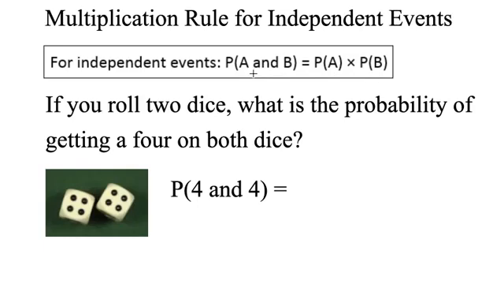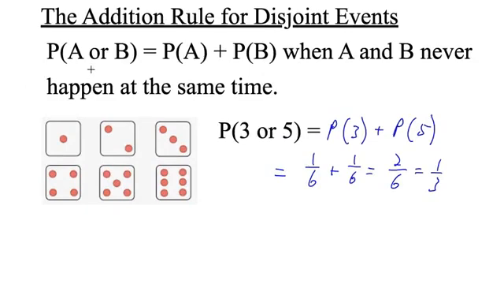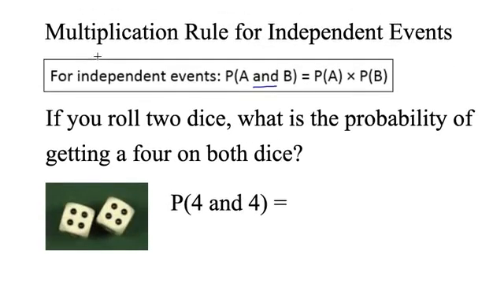So notice the difference here. In this multiplication rule, it's an AND probability. And in the addition rule, it was an OR probability. So in general, when we're finding an OR probability, we're adding. And when we're finding an AND probability, we're multiplying.